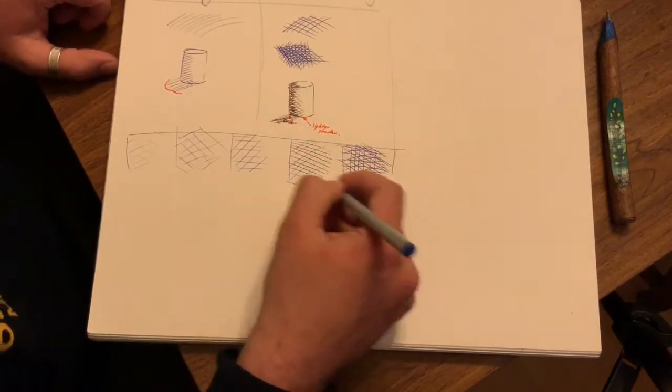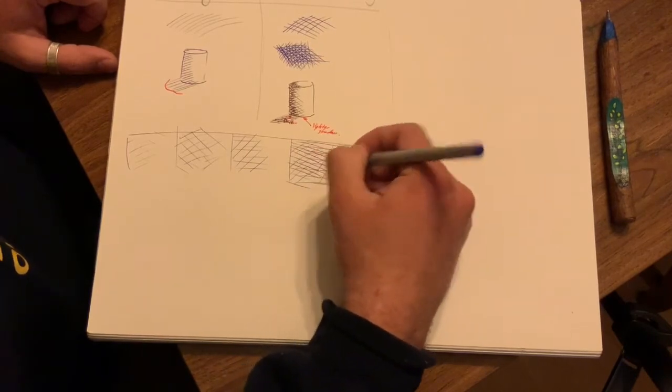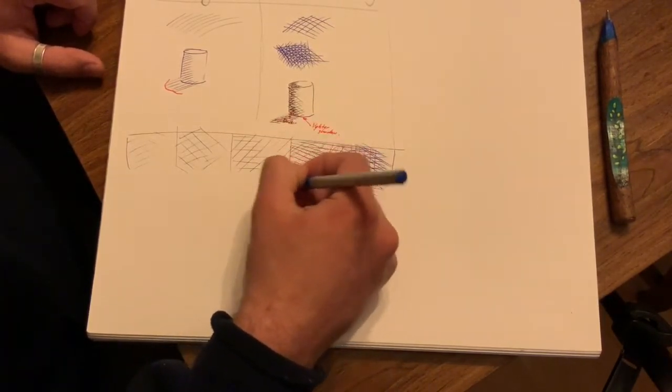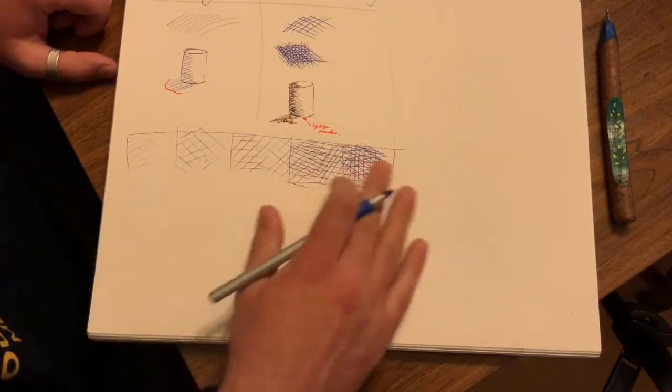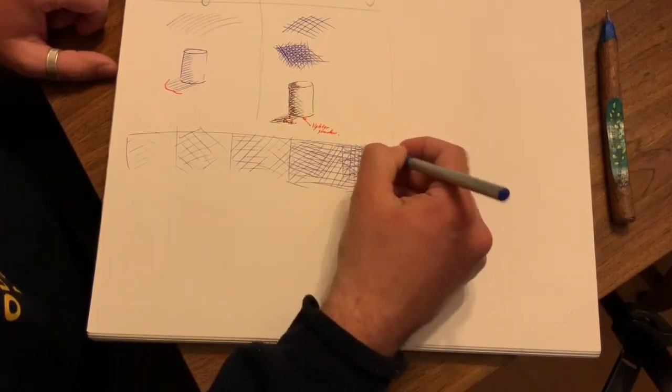And then you can work your way backwards if you like as well, creating more space in between them so that you have a little bit of a gradation. And of course on the end here we have all of our hatches, our lines.